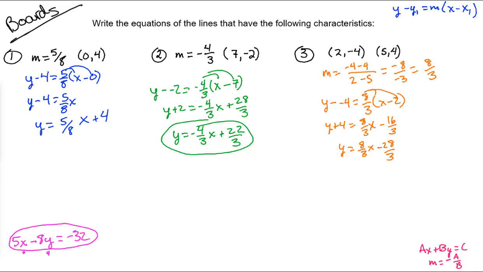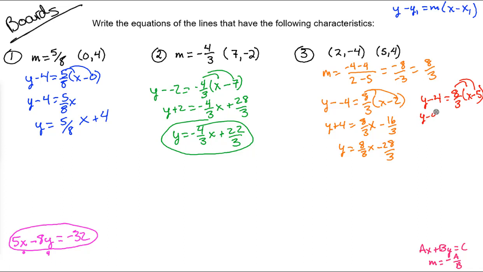Little point that I love to make is, what if we would have used the other point? Y minus this y equals 8/3 x minus this x. If there's any justice in the world, we better end up with the same equation. Let's try that.